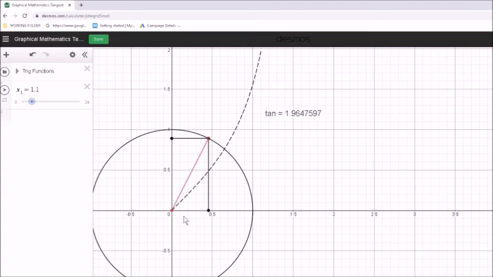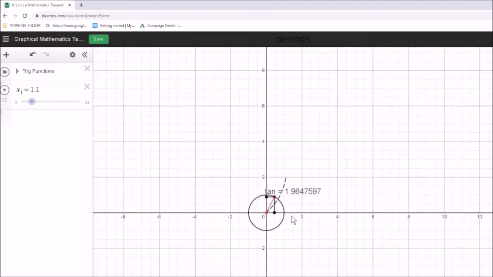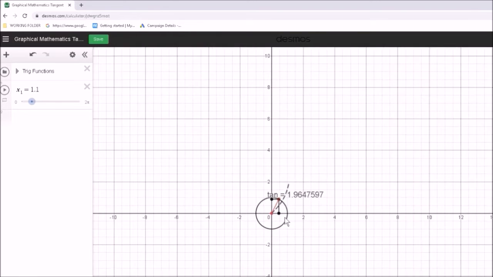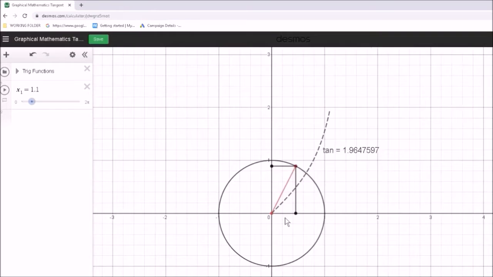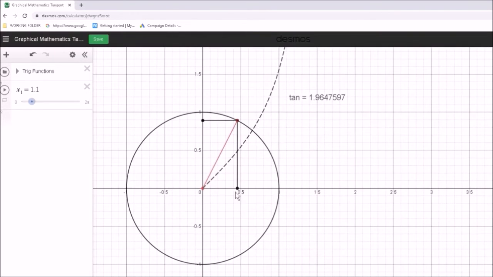Well, what I've done is I've changed the scale along this axis, because if I was to make the scale of this axis actually from 0 to 360, then in order to show the function properly, you wouldn't be able to see any of this, and the function would be spread along the 360 degrees here. So I've changed the scale in this axis just so it makes it a bit easier for us to see what the function looks like. So this allows us to see the circle and the triangle and all the angles and the function here as well.